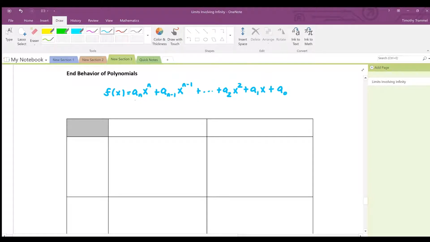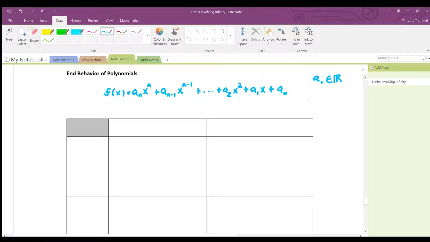Okay, so all of these a's here, maybe I'll just write a sub i's. These are real numbers. This notation here just means that all these a sub i's are elements of the real numbers. They can be any real number.